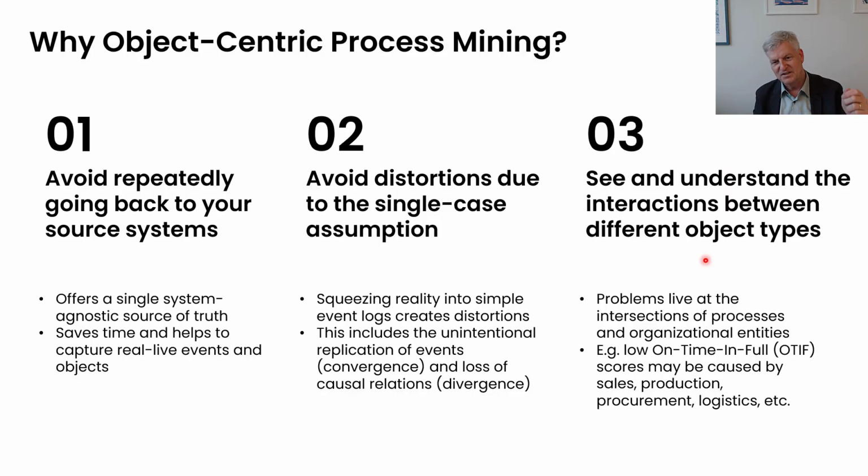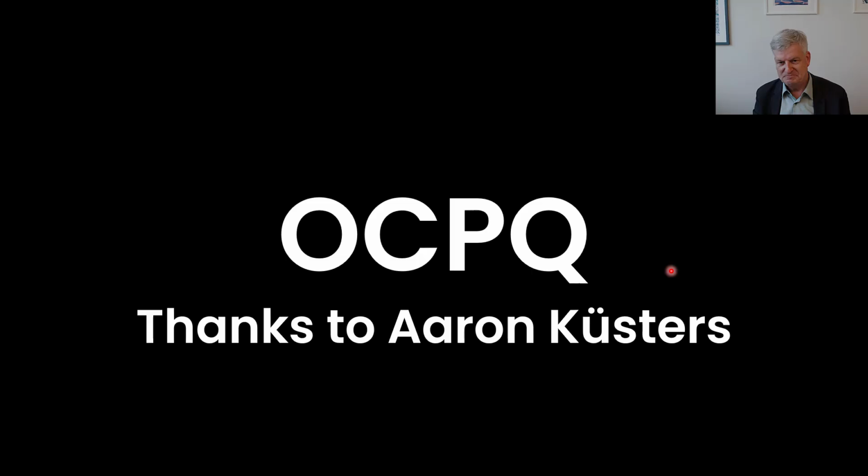That requires that we go from orders to items to packages, and we look at what was the last package delivered still containing items of the order that was placed at a particular point in time. So these are the main advantages.